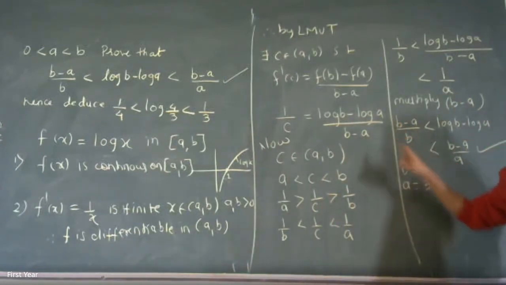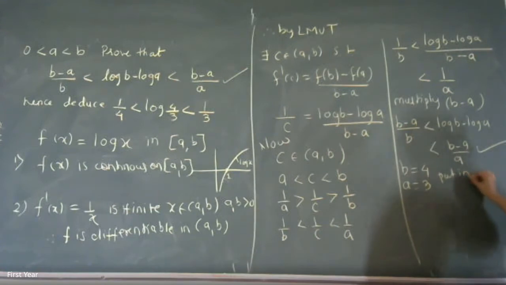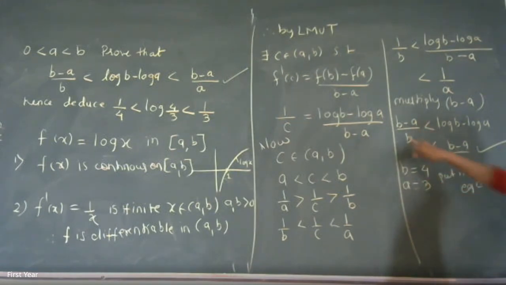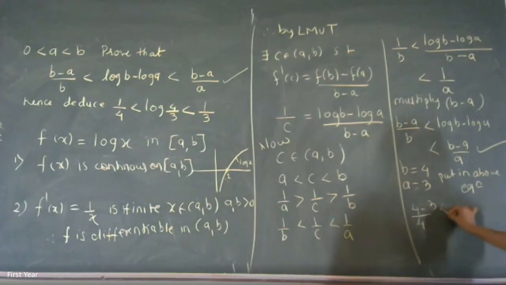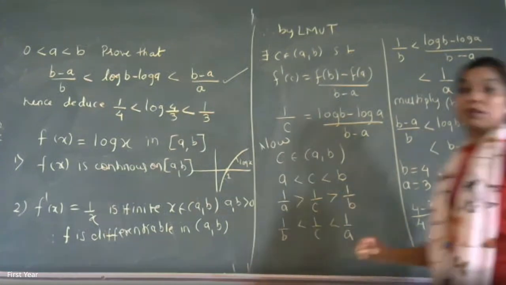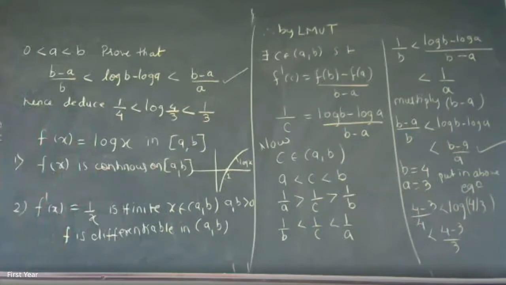So it will become (4 minus 3) upon 4 less than log 4 minus log 3, which is less than (4 minus 3) upon 3. So (4 minus 3) upon 4 is less than log of 4 by 3, which is less than (4 minus 3) by 3. That is the answer. Clear everyone? As simple as that.